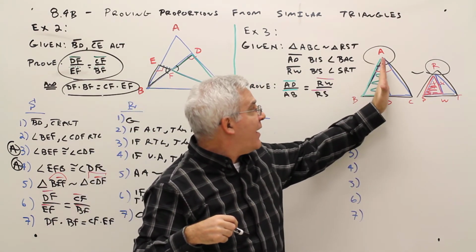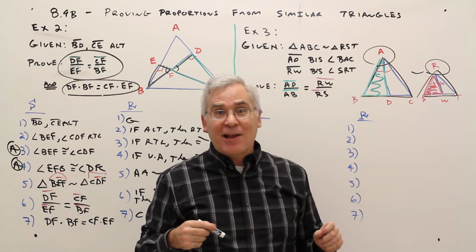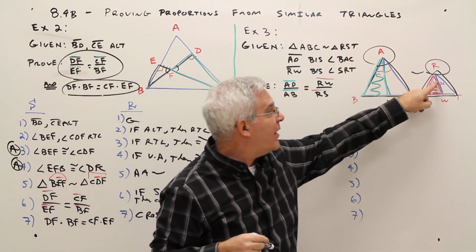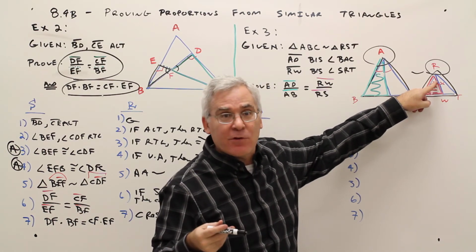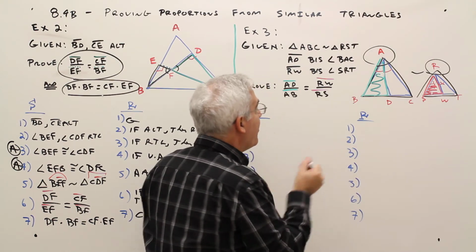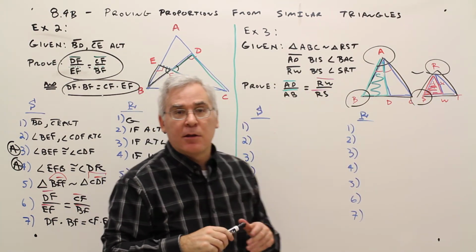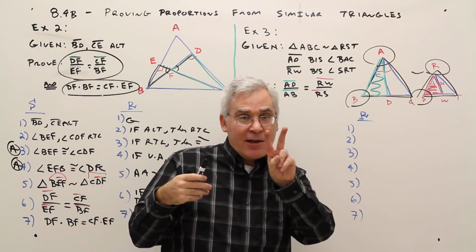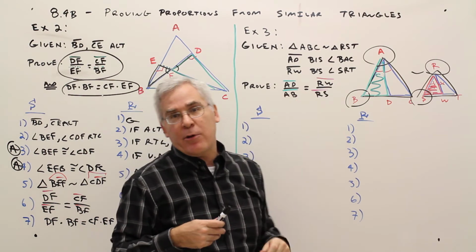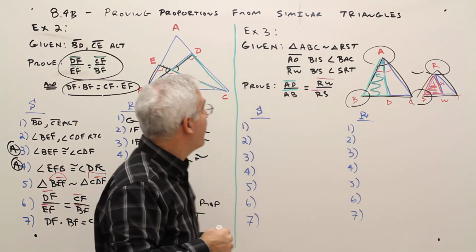If this is an angle bisector and this is an angle bisector, going way back to angle division, I'll get this angle to be congruent to that angle. Like divisions will be congruent. If the triangles were similar, this big angle is congruent to that big angle. So that's how I'm going to get my angle similarity for the small ones, and then I'll be able to branch out and do that proportion. Lot going on here. Let's write it down.